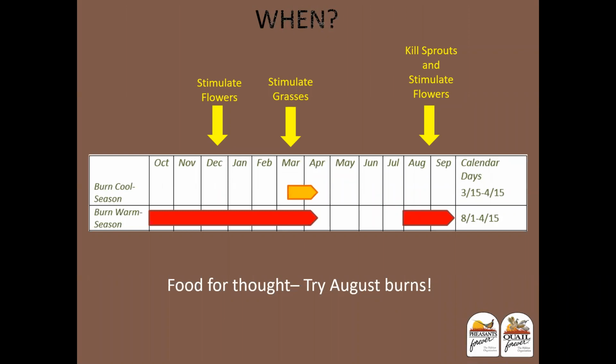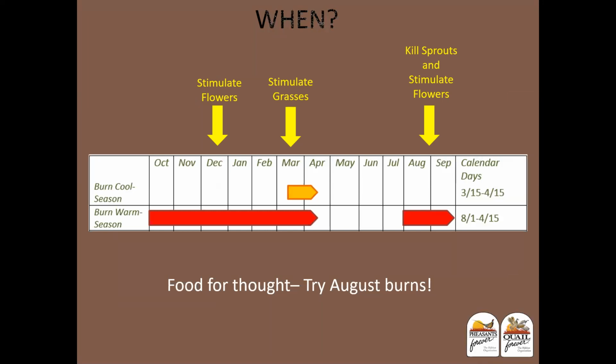Then as well, throwing this in here, I get a lot of questions of like, when's the best time to conduct management. This particular scenario is built for burns, but I've noticed it can still hold true for the other managements as well. Whatever you're performing is actually what you're going to be stimulating.